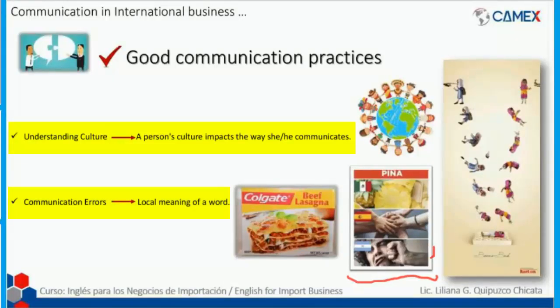So if we are learning American English, we are going to understand that "I get it" means I understand. But other people that are not so comfortable or don't have that experience with the language are going to wonder what do you get, or what do you have. You see how you can misinterpret that word.